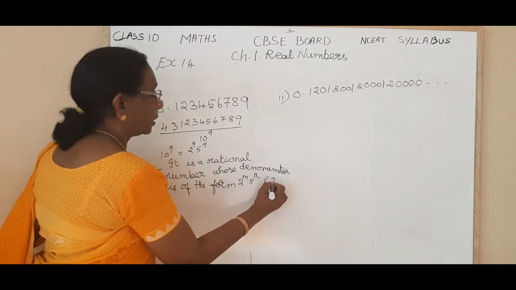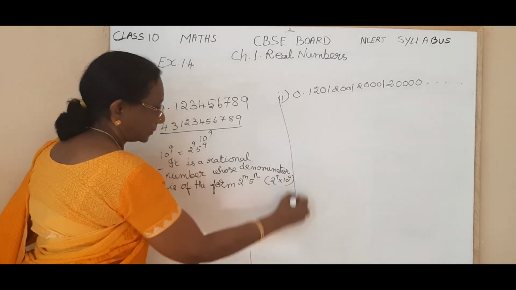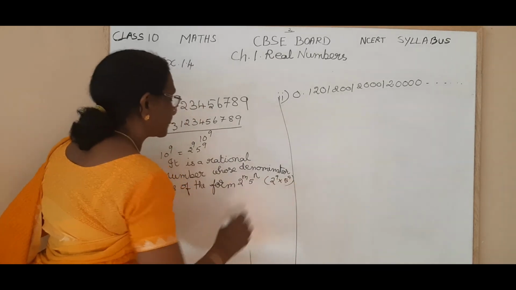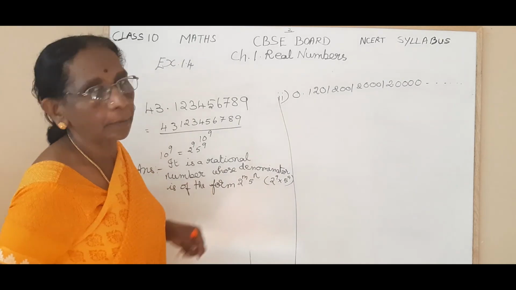That is 2 to the power 9 into 5 to the power 9. Is it clear, children? Now next sum.